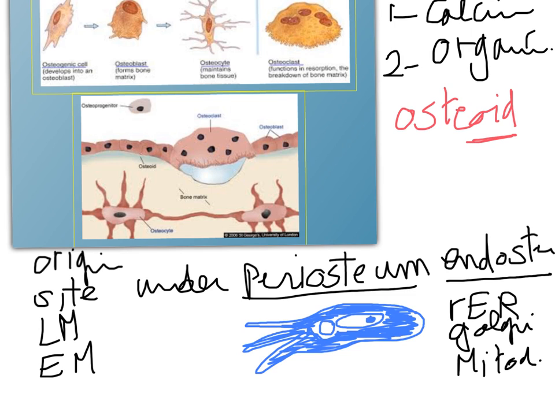Oid means similar to, because it is still immature. Number three, when it is imprisoned inside the matrix, they are now called osteocytes. And finally, we can say that it is a bone-forming cell.